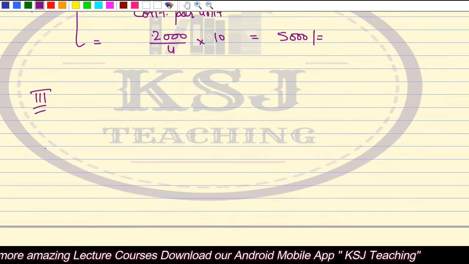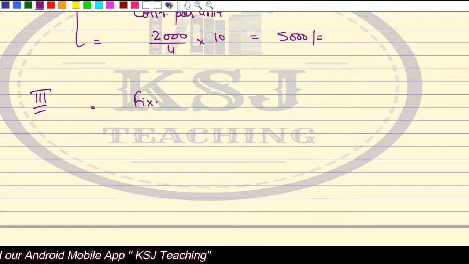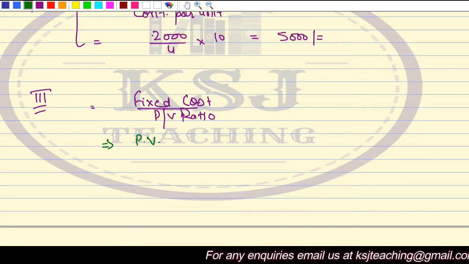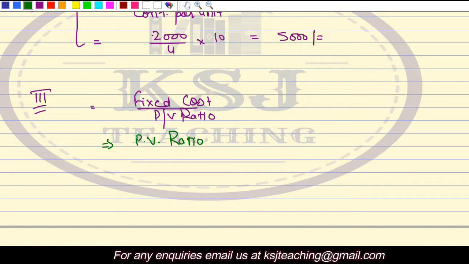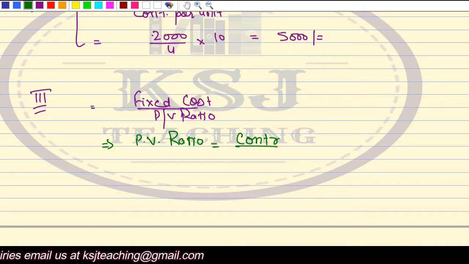Okay, what is the third way? The third one says fixed cost divided by PV ratio. So we'll first need to calculate PV ratio here. What is PV ratio? PV ratio is contribution divided by sales multiplied by 100.